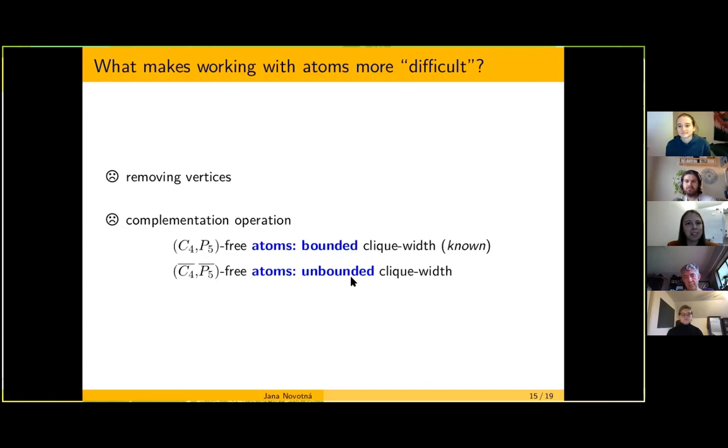So we need to be really careful with such operations. Therefore, the mentioned 5 open cases for Clique-width actually make 10 open cases for Clique-width of atoms, because we cannot consider these 2 cases as the same.